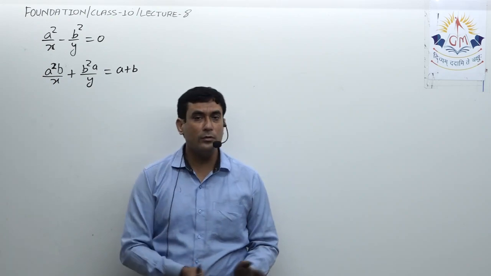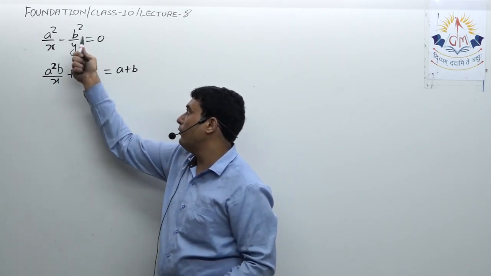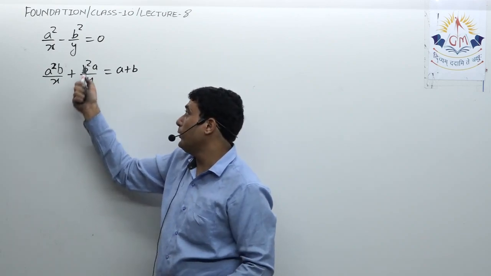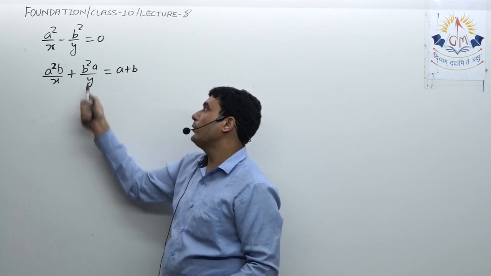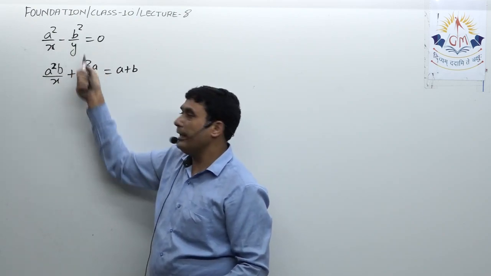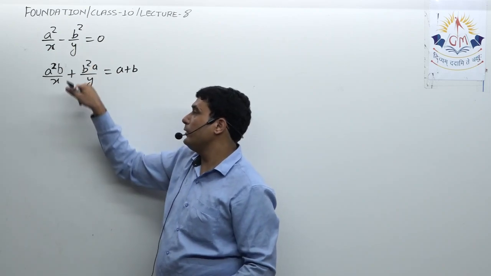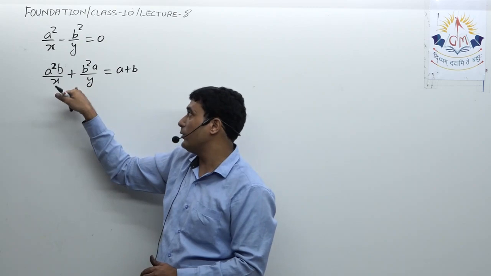Now if I want to avoid the subtraction, I will make the coefficient of y, or 1 upon y, equal. This is b square upon y, this is b square into a upon y. So if I multiply equation 1 by a, the second terms of these two equations will be the same, and here it is negative, here it is positive.